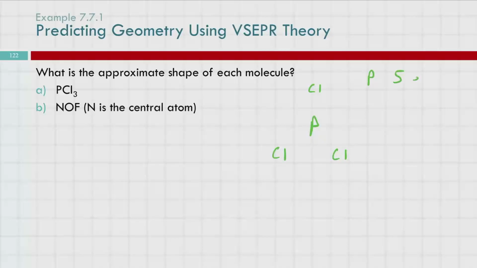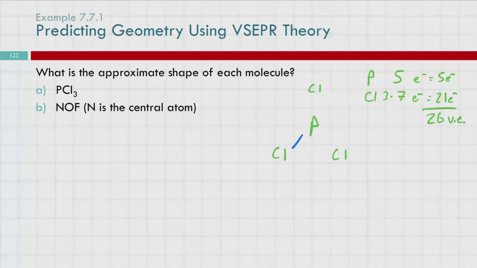Phosphorus has 5 electrons, and we've got 3 chlorines with 7 valence electrons each, because they're halogens. They're in the 17 or 7A group. So we've got a total of 26 valence electrons.